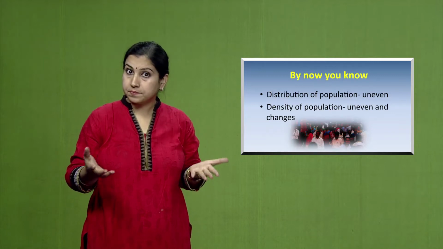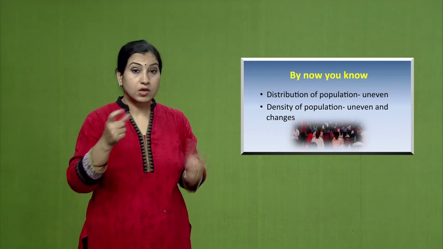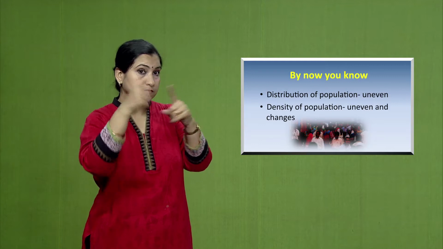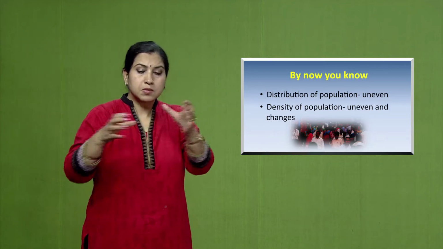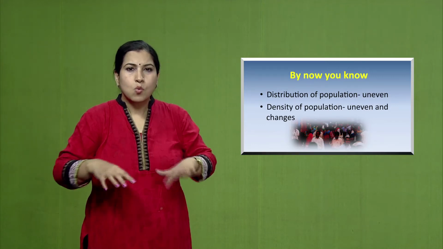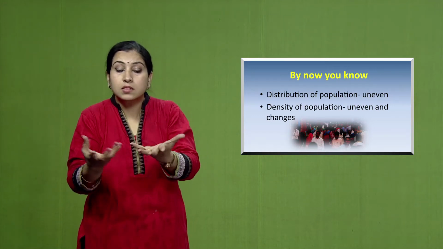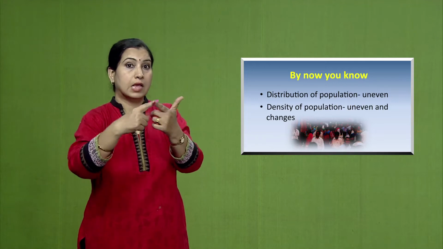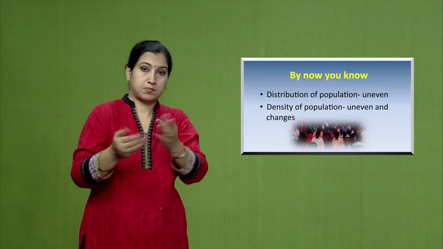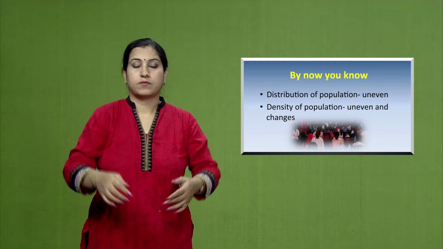Similarly, we got to learn about the density of population, which measures number of people in comparison to the area that is available to them. Density also varies from one area to another and from one time period to another time period.